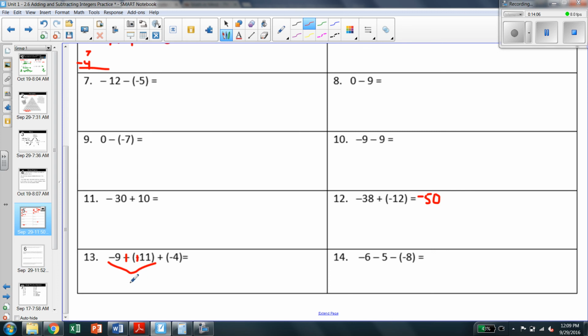Subtract and keep the sign of the greater absolute value. In this case it is +2. Now everything else comes down. Plus -4. Okay. Are the signs the same? No, this is a positive value. This is a negative value. So we need to subtract. 4 minus 2 is 2. Are there more positives or are there more negatives? Negatives. Our answer is -2.